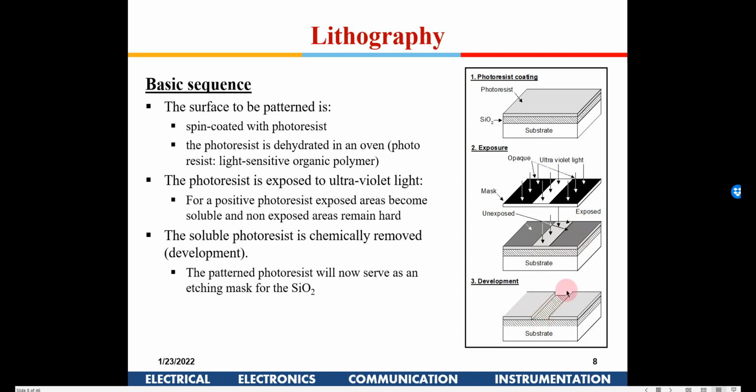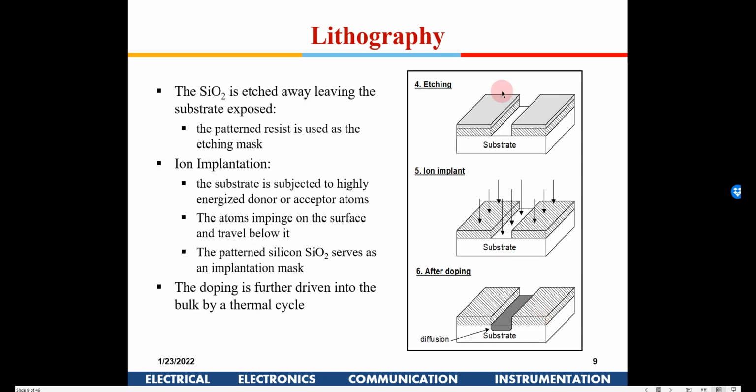So you now have a kind of window opening up. You have a substrate, you have silicon dioxide, and in between you have silicon which is exposed to the atmosphere. Here it has been etched away. Now you can do either diffusion or ion implantation into this region.